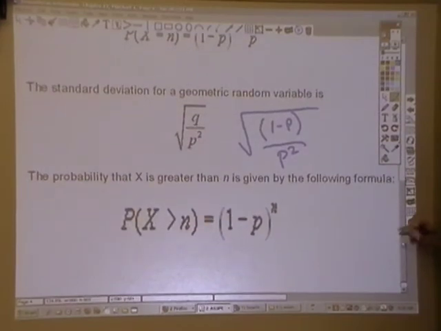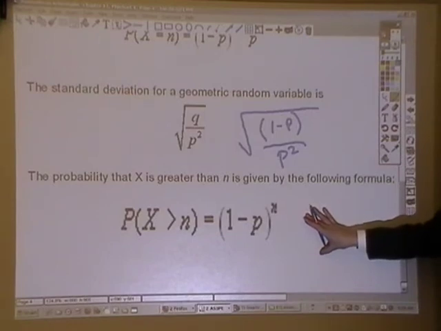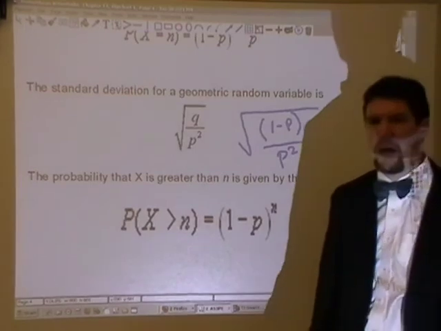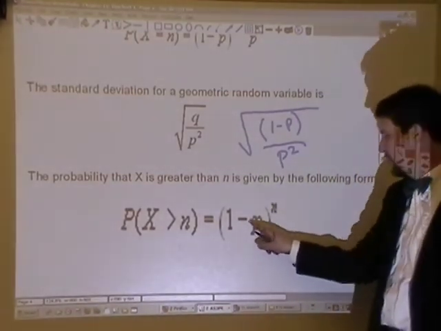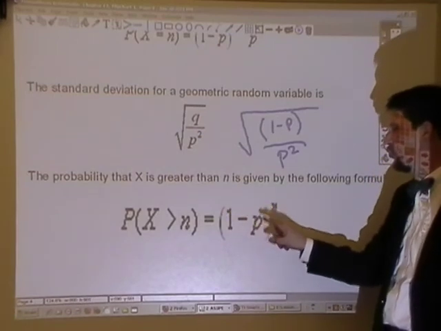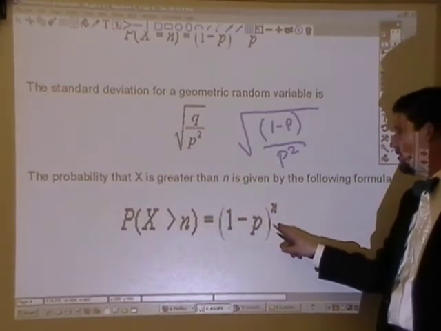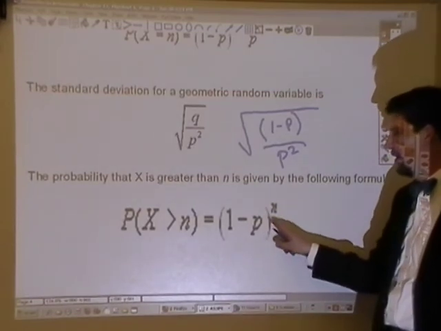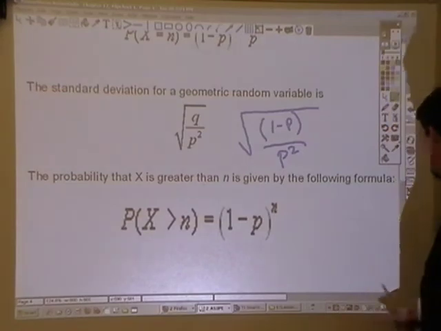Okay. And then the probability that x is greater than n, the probability of taking more than 9 tries to get a blue M&M, is the probability of having 9 failures, which is 1 minus p to the n power.